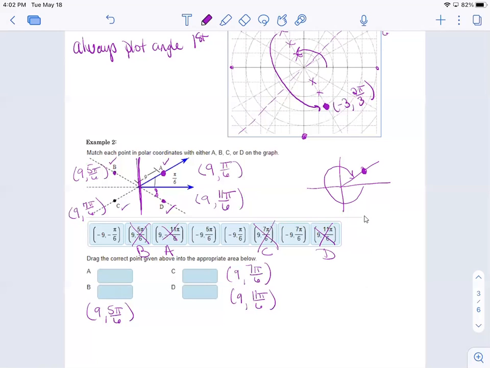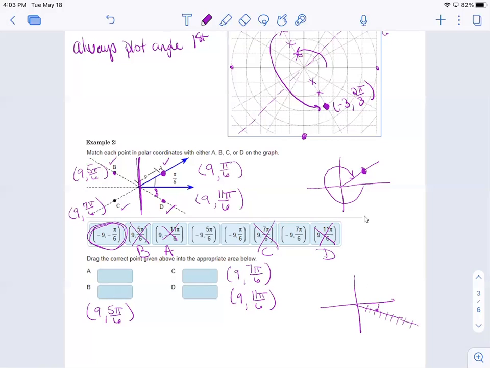Okay, so now let's just go in order, I guess. I'll focus on this one. Negative 9 and negative pi over 6. So just to give us a visual, always go to the angle first. Negative pi over 6 is down here. So you're somewhere here. You want to count out 9. 2, 3, 4, 5, 6, 7, 8, 9.